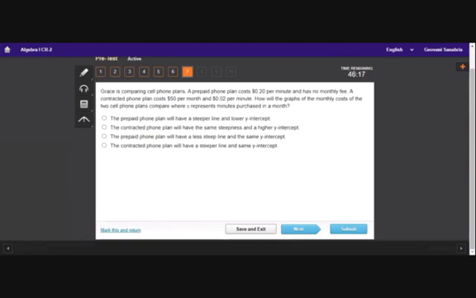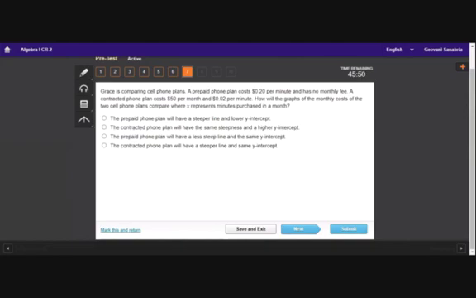Okay. The 20 cents per minute. How will the graphs of the monthly costs compare? So like each month. Yeah.